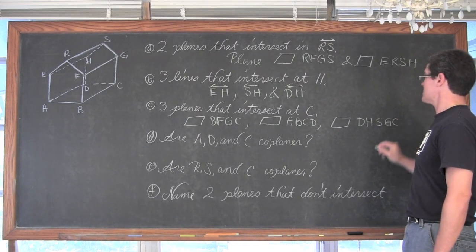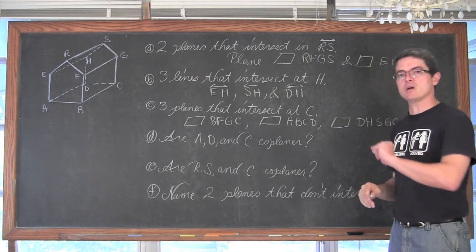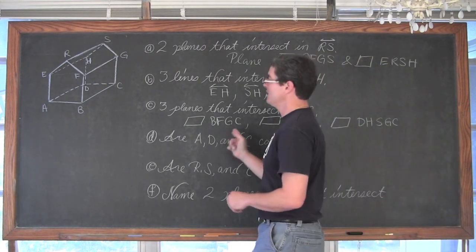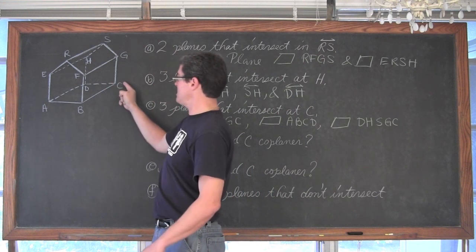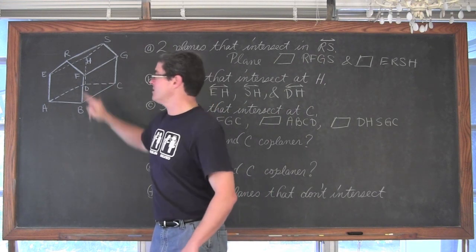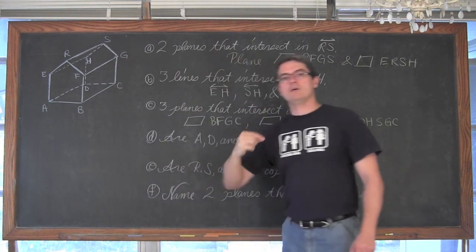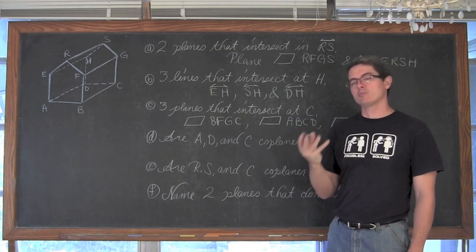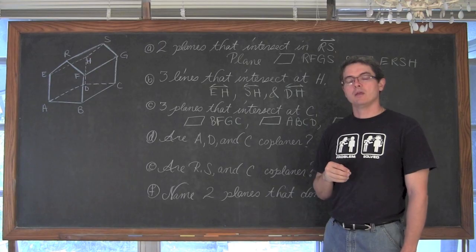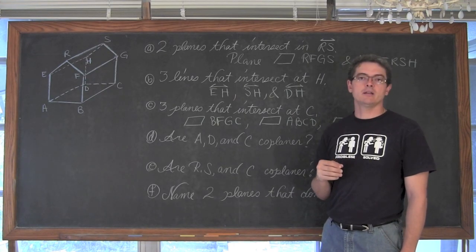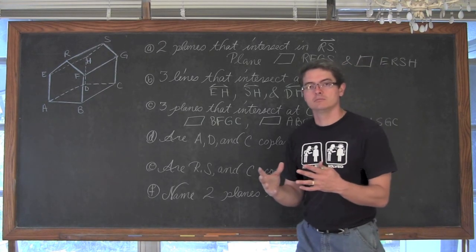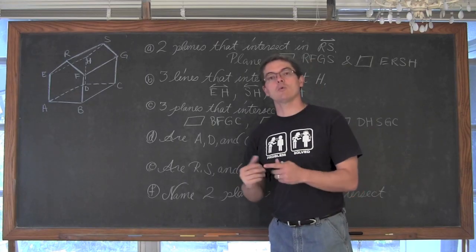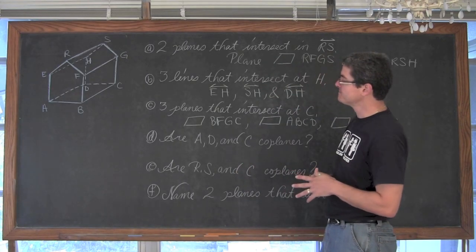Please note as well, as I'm naming off these planes, I'm not trying to jump around. I'm not saying that this plane is A, C, oh let's go here to B, and then back to D. I'm going around the corners in sequence. It's really very important. It's even more important when you're identifying an actual parallelogram or rectangle. We'll be dealing with those later.